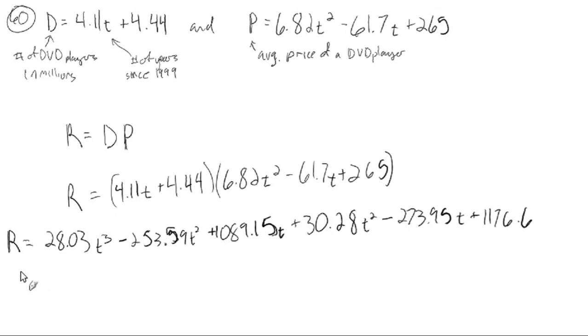Okay, now we'll collect like terms. This is the only one of its kind, a t cubed. And there's a t squared and a t squared.